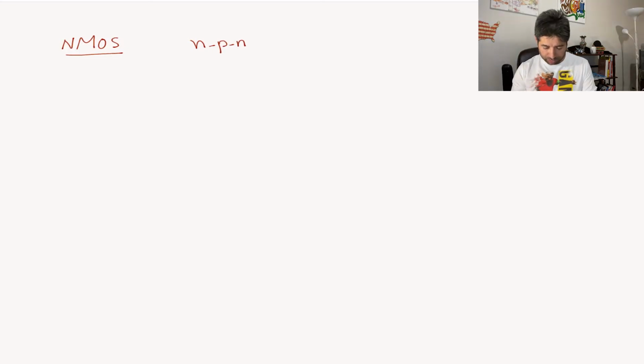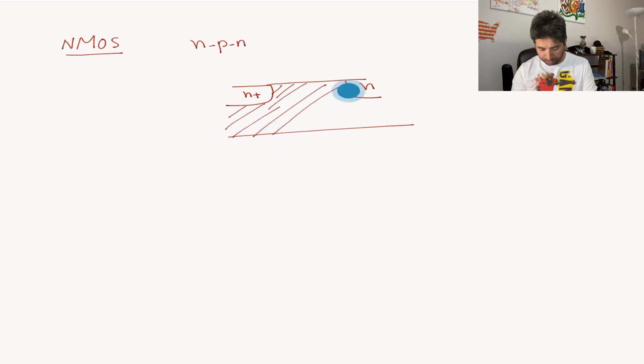You have an N plus or N type material, then another N type material, and this area in between is P type.